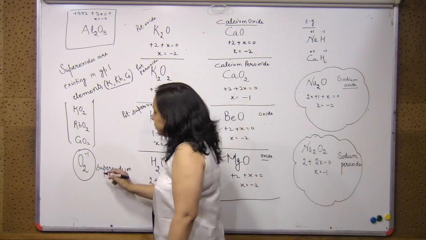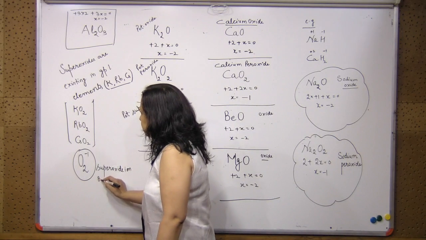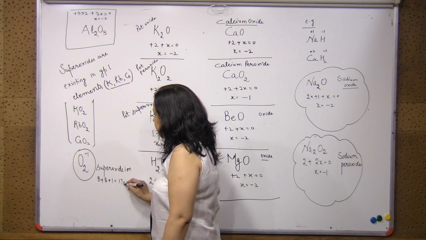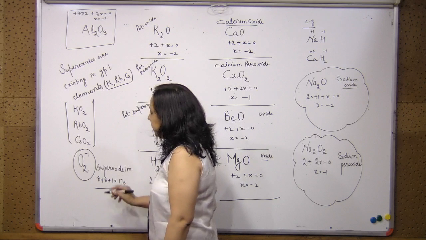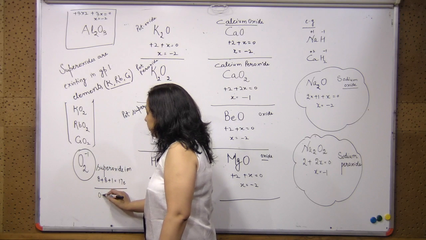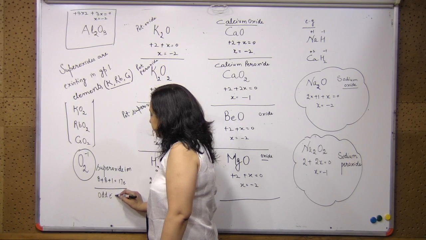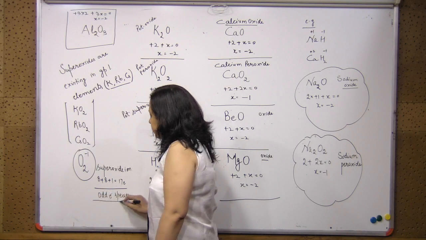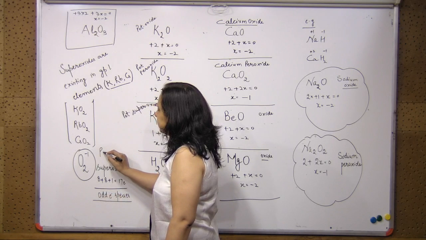O2 1 negative is an odd electron species. It is 8 plus 9, 17 electrons, an odd electron species. When it is an odd electron species, it is going to be paramagnetic.